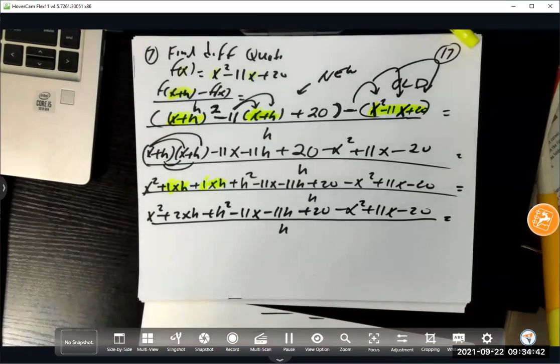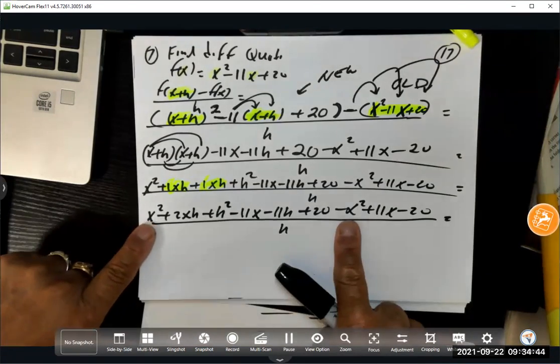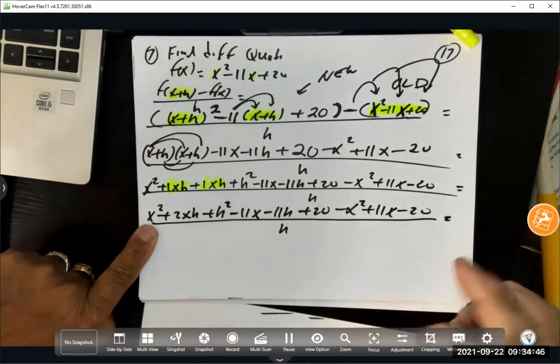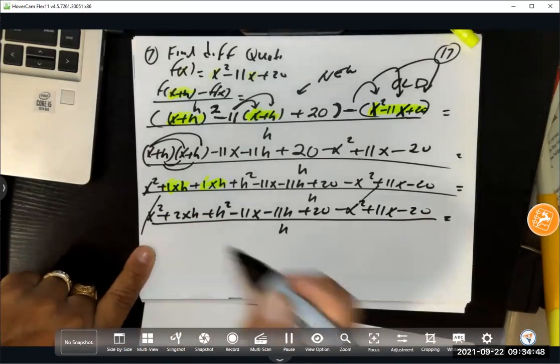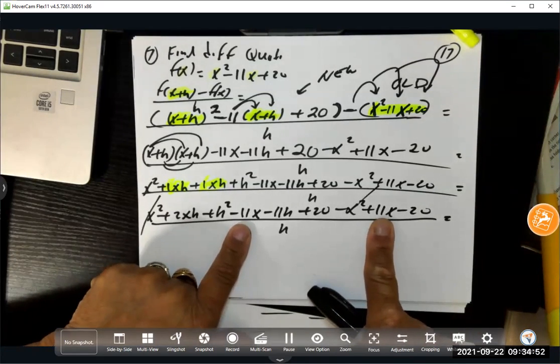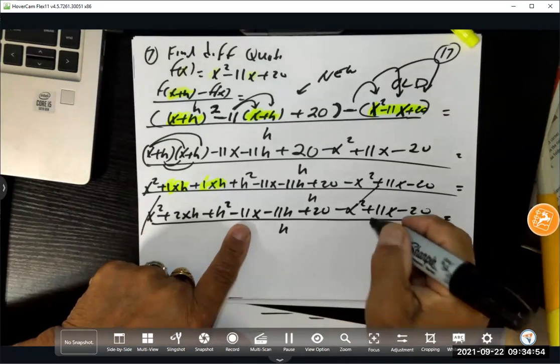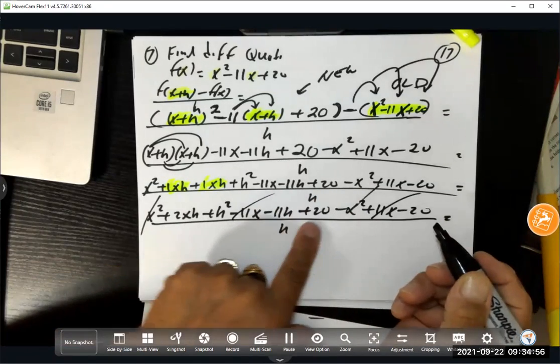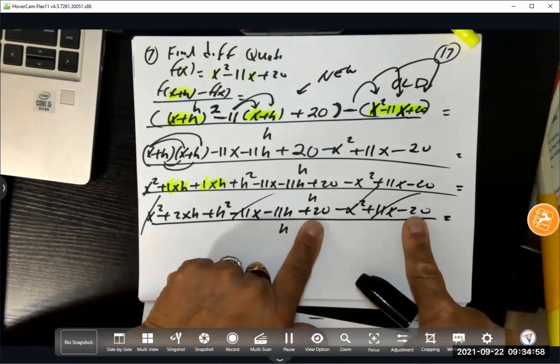So now a bunch of it goes away. What do you think? Do you think these x squareds might go away? Yes or no? Yes. Okay. And you think the minus 11x and the plus 11x will cancel each other out? Yes. And you think the plus 20 and the minus 20 might go away? Yes.